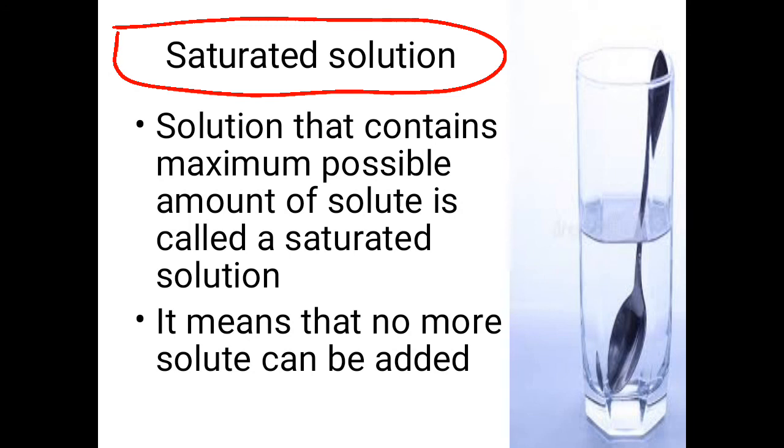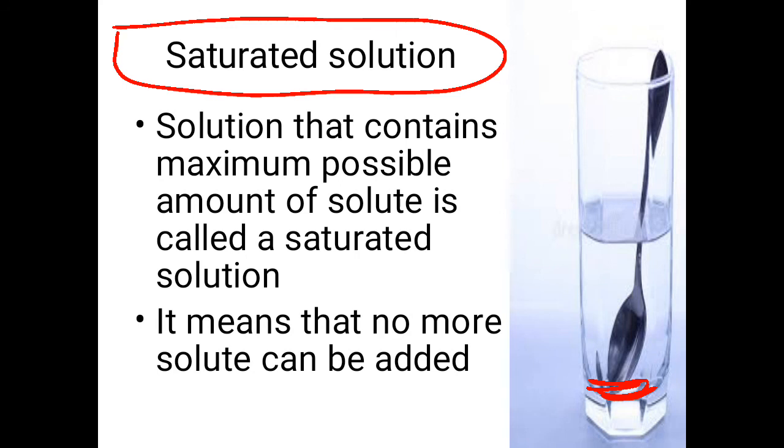After some time, you will see that the 7th, 8th or 9th spoon of sugar will not be easily dissolved in water. And you will see sugar sitting at the bottom of the glass. That is the state where no more sugar can be added into water.